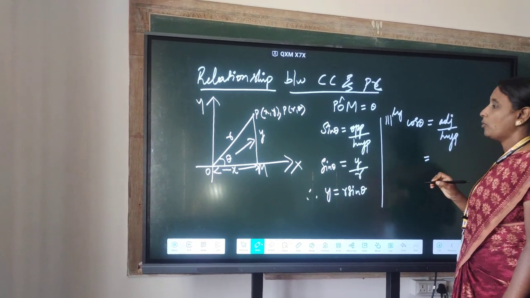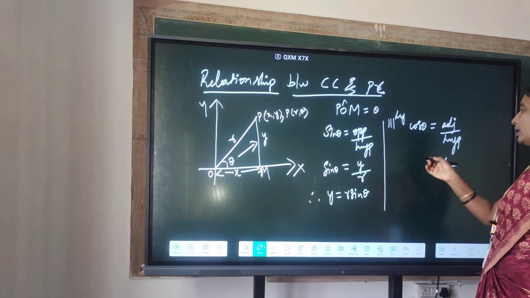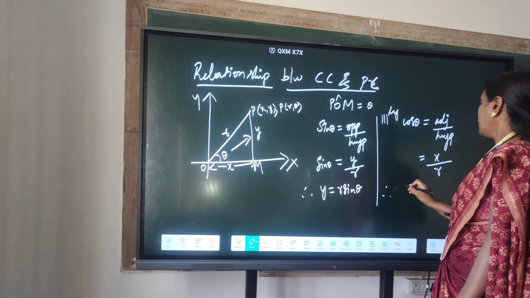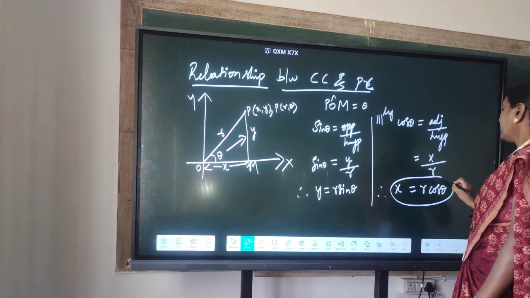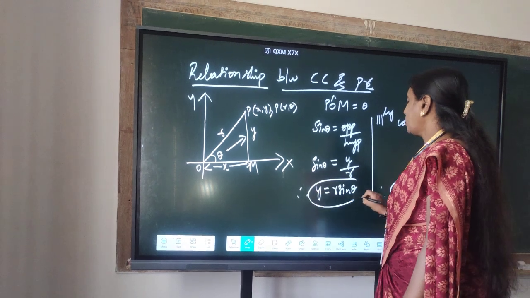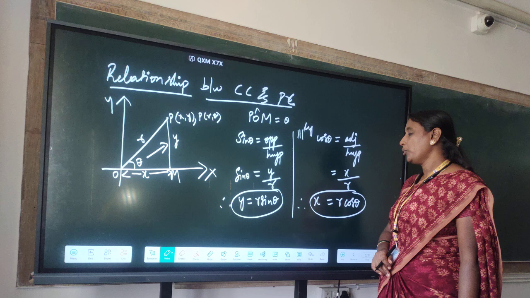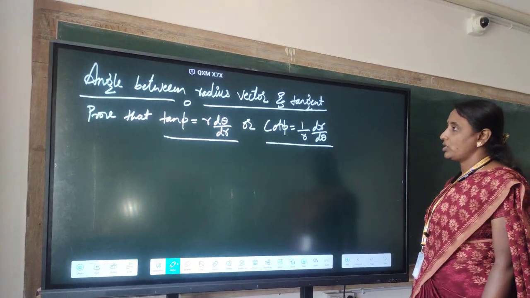The adjacent side in the figure is x, and the hypotenuse is r only, and if you simplify, you get x equals r cos theta. So x equals r cos theta and y equals r sin theta is the relationship between Cartesian coordinates and polar coordinates. We are going to use this in our derivation.